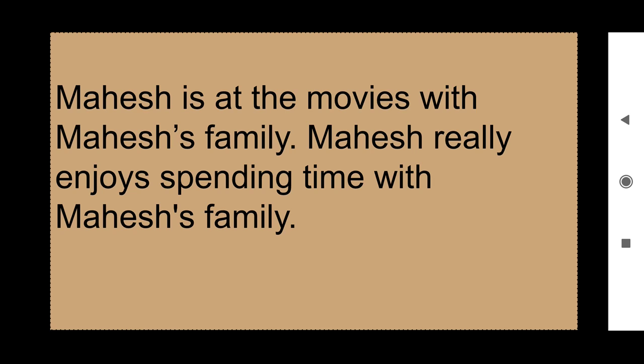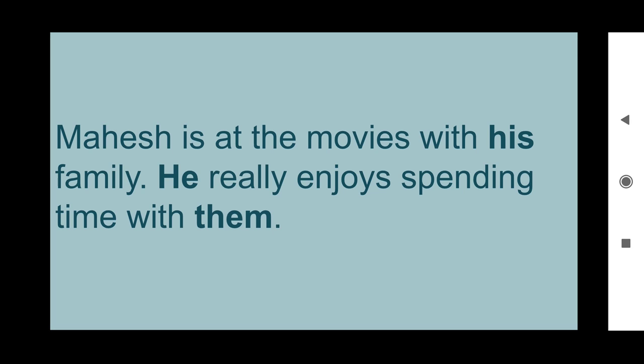To avoid that kind of repetition, we can use pronouns. So, you can tell me where you would use pronouns in those two sentences. You can say: Mahesh is at the movies with his family. He really enjoys spending time with them.